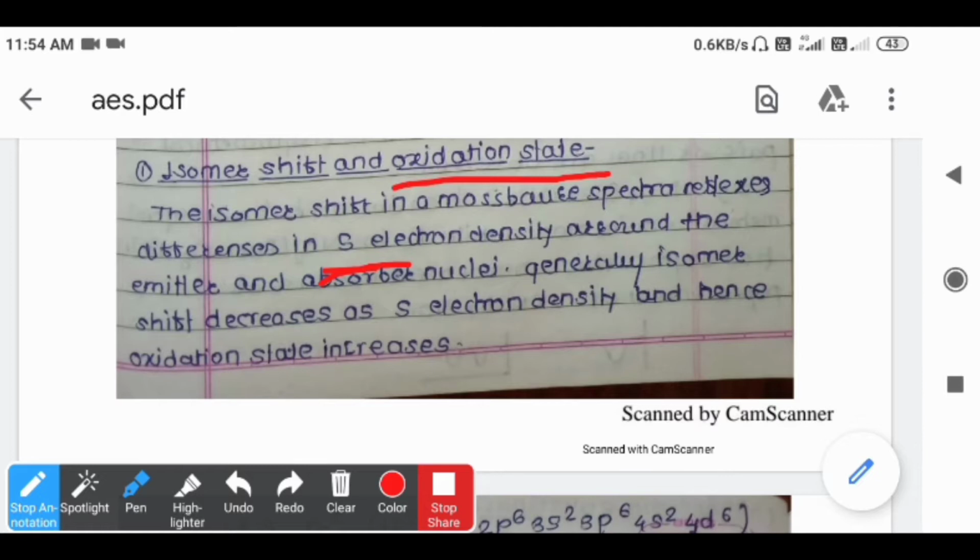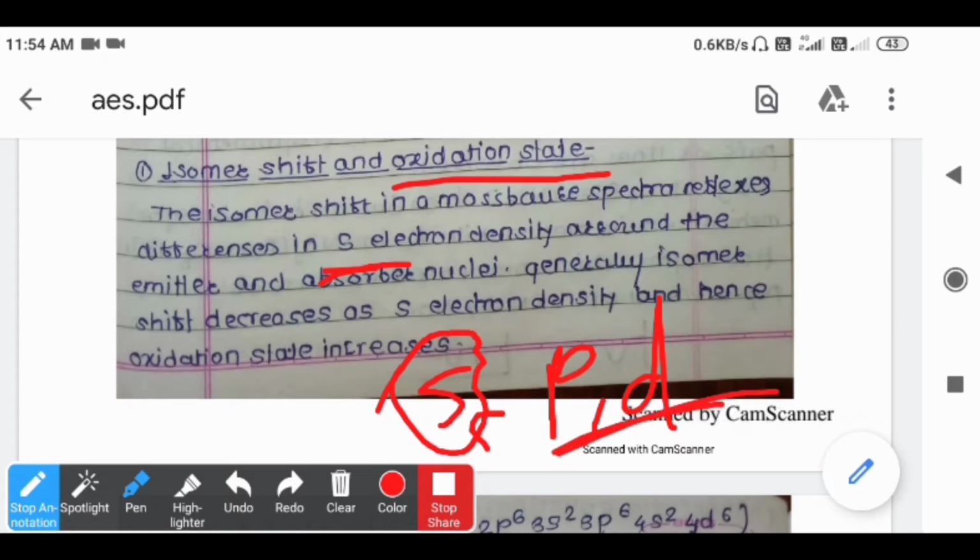In the case of the iron atom there is no f orbital, so only s, p and d orbitals are there, and the s orbital is much closer to the nucleus than the p and d orbitals.